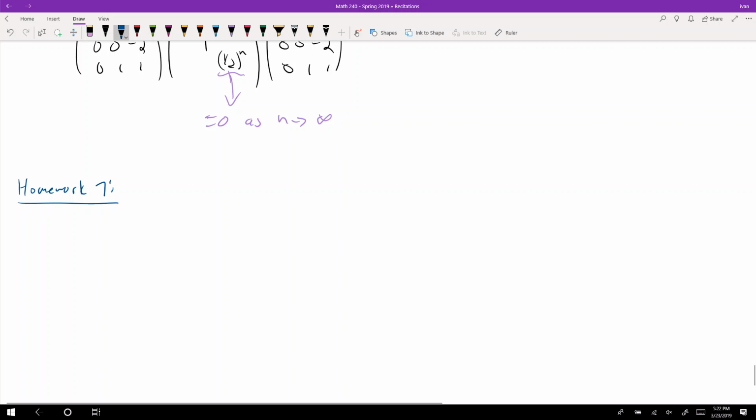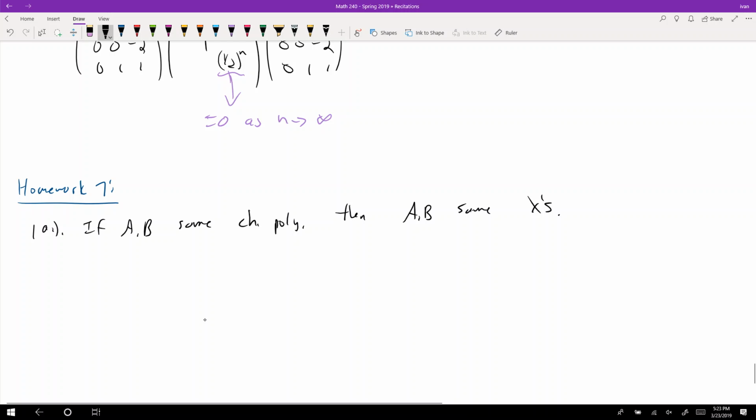Okay, let's see, what should we... All right, let's do some of this true-false. 1a: if A and B have the same characteristic polynomial, then A and B have the same lambdas. Is that true or false?